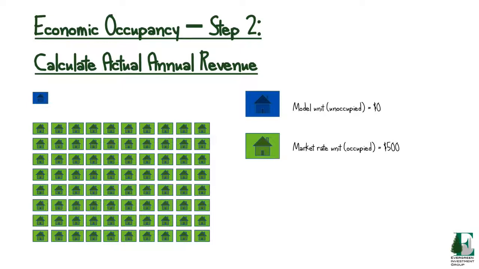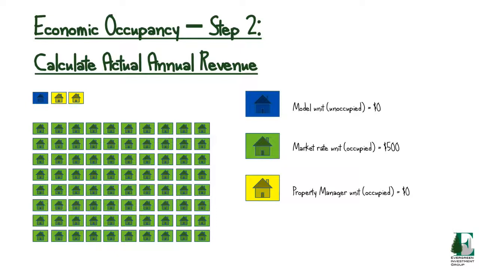This is where economic occupancy gets interesting. So this complex, the current owner, has decided to provide 2 units rent-free to his property manager and his maintenance person. We will color code those yellow and we'll call those property manager units. They're occupied, but they're paying $0 a month in rent.